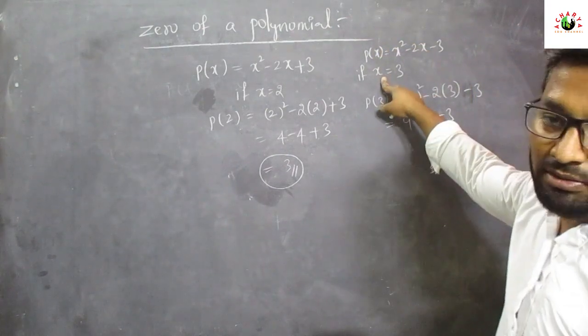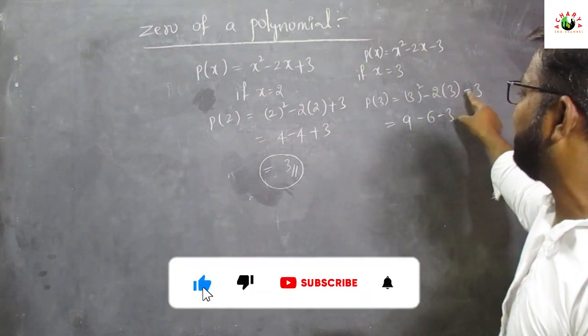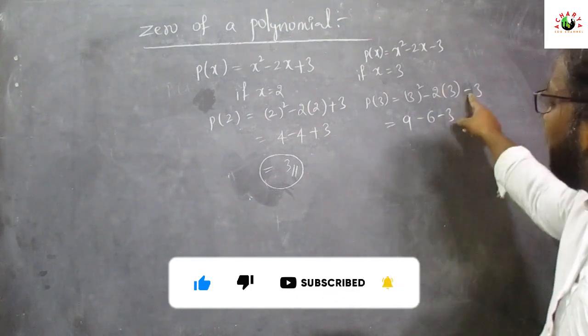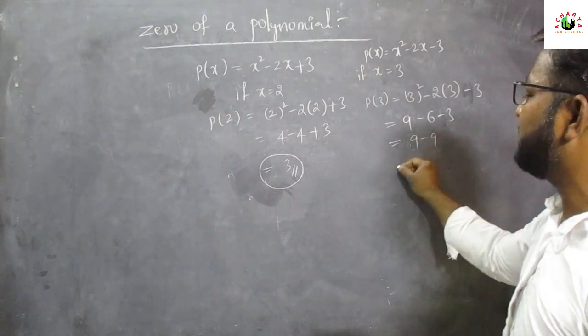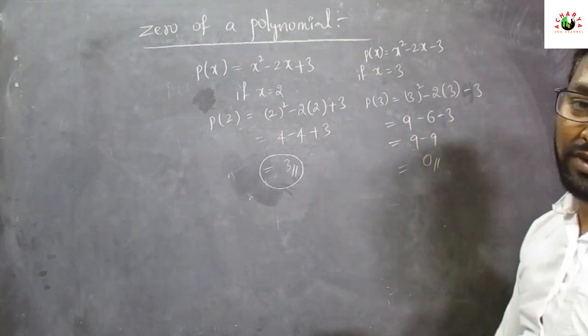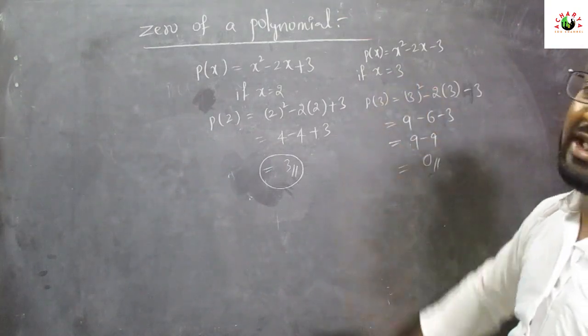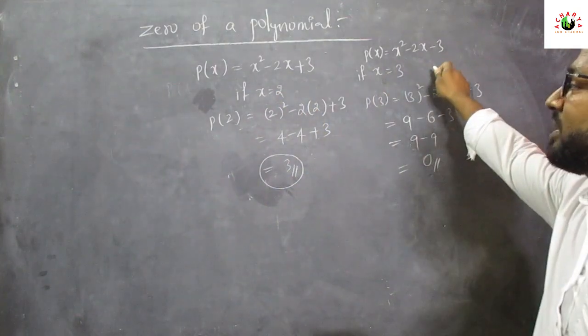Then if x is equal to 3, then p of 3 equal to 3 square minus 2 of 3 minus 3. 3 square value 9, minus 2 threes are 6, minus 3, that is equal to 9 minus 6 minus 3, which is 0. The value is 0. If we got the value 0, then it is a 0 of the polynomial x square minus 2x minus 3.